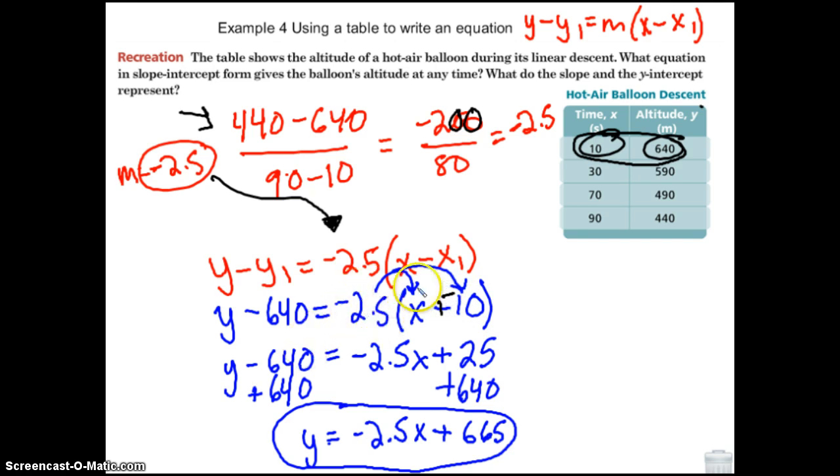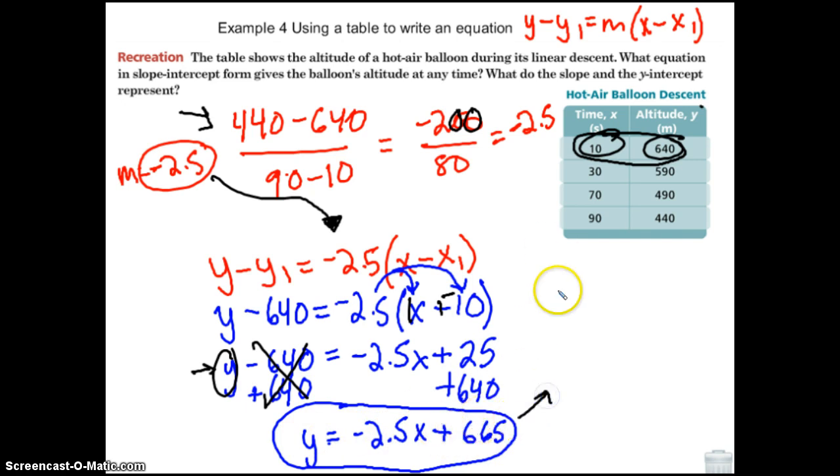I know negative 2.5 times 1x is negative 2.5x, and I know that negative 2.5 times negative 10 is 25. So that's how I got to this part, and then all I had to do to get y by itself was to add 640 to both sides. This cancels out, and 640 plus 25 equals 665. So I get y equals negative 2.5x plus 665.